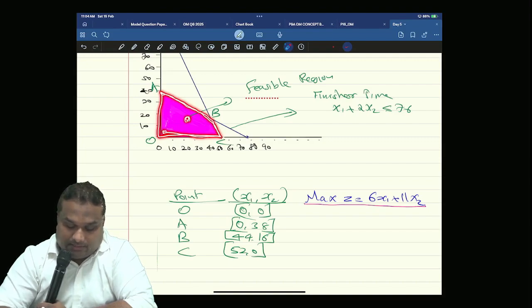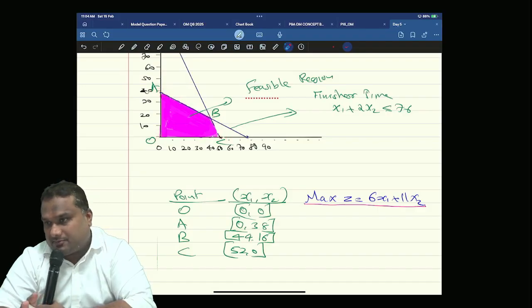For example, this is a point where x1 is 21 something, x2 is 16 something. You can produce this also, but your maximum profit will be at one of these corner points. This is what the researchers tell.